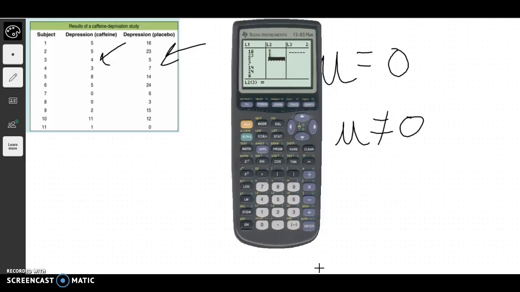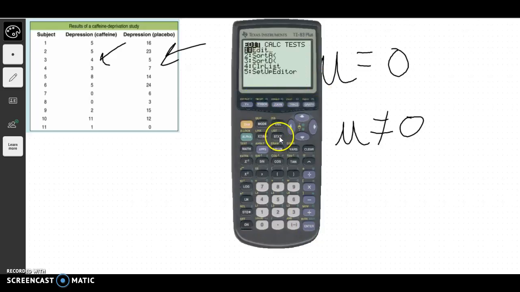Put these in. 5, 5, 4, 3, 8, 5, 0, 0, 2, 11, and 1. And let's see the difference. So that's going to be our list 3. So we're going to take our L1 minus our L2. And there we go. There we can see the difference.